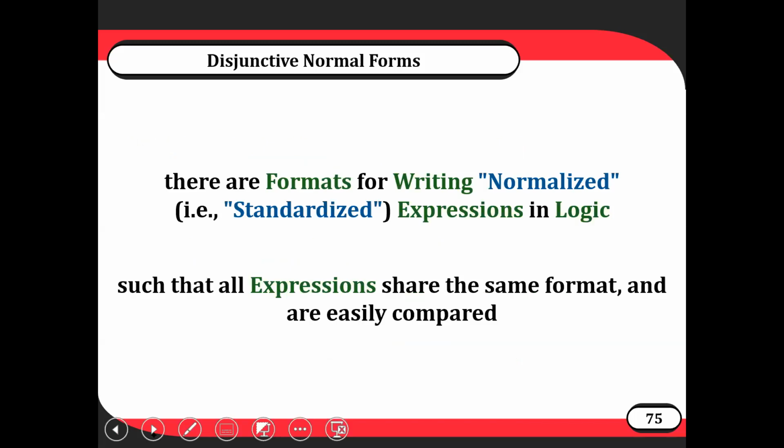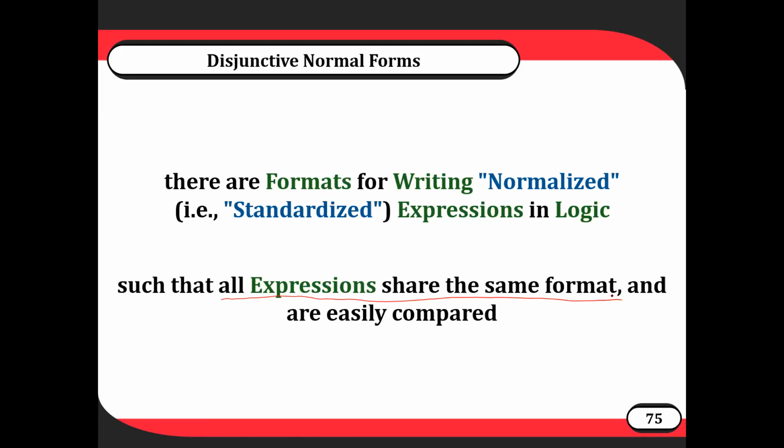That's the problem, and the solution is that we have a format for writing normalized or standardized expressions in logic. When all expressions share the same format, we can easily compare them and evaluate whether or not they're a contingency.